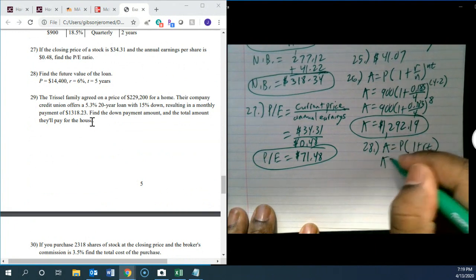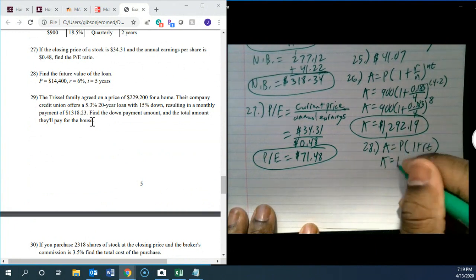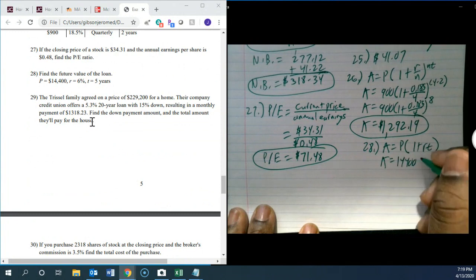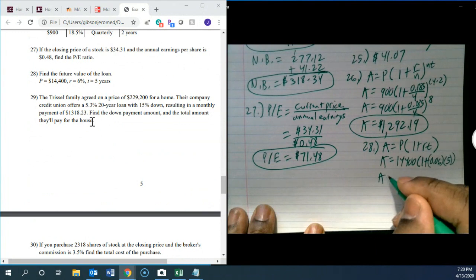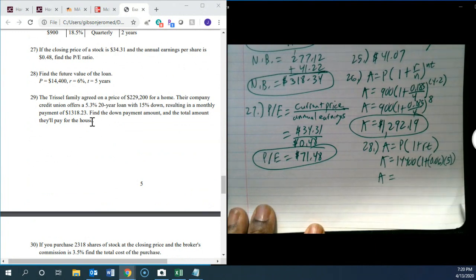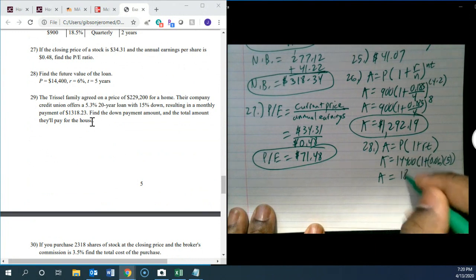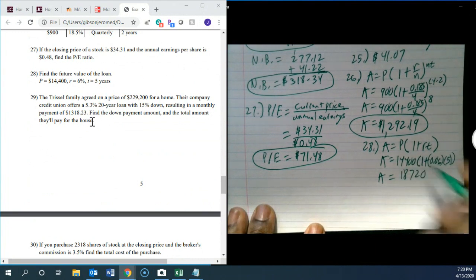So A is equal to, the principal is $14,400 times 1 plus the rate is 0.06 times the time, which is 5. So when we put this in our calculator, this would give us $18,720, because that is the future value.